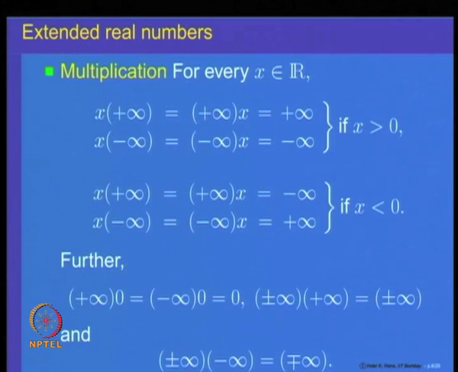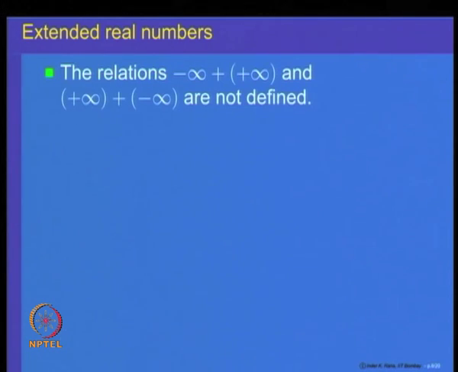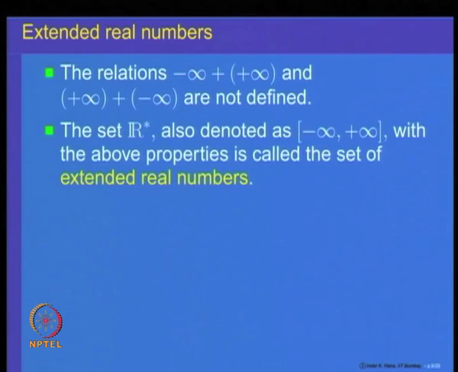So, these are the rules for addition, multiplication and order structure on the set R star, which is nothing but the real numbers along with two new symbols plus infinity and minus infinity. Once again, let us specify that the relations minus infinity plus plus infinity and plus infinity plus minus infinity are not defined.